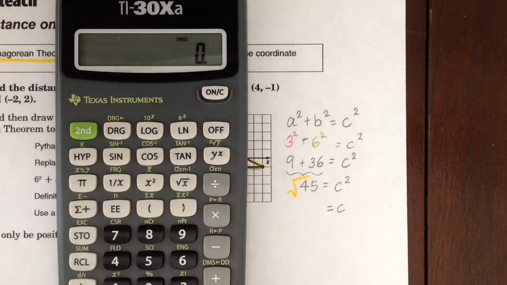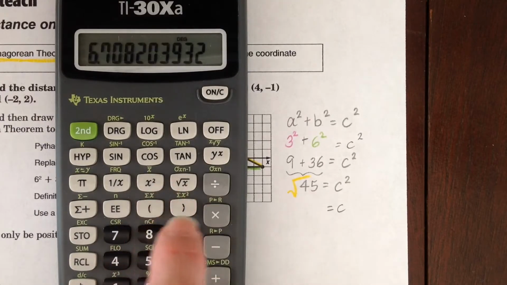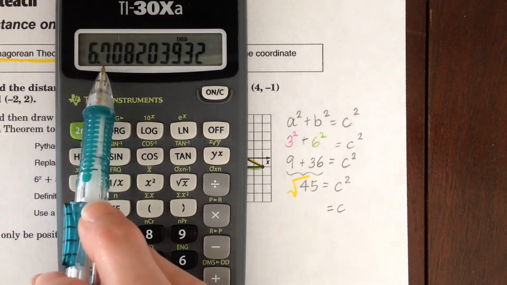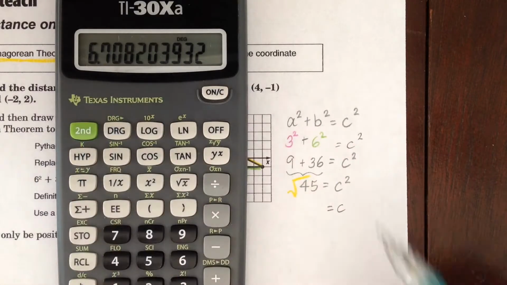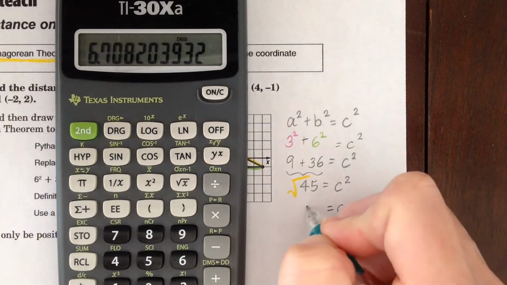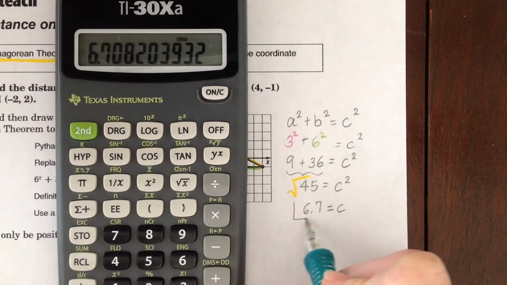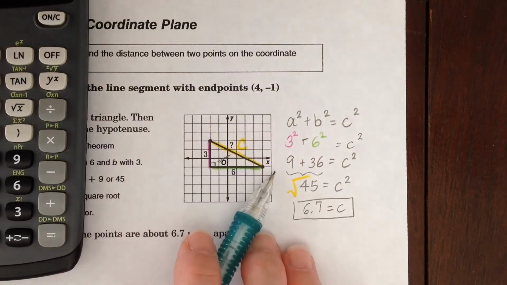I punch in 45 and then my square root button, and I get this crazy long decimal. We want to round it to the nearest tenths place, which means it will have one number after the decimal. So for this one, I'm going to round to 6.7.